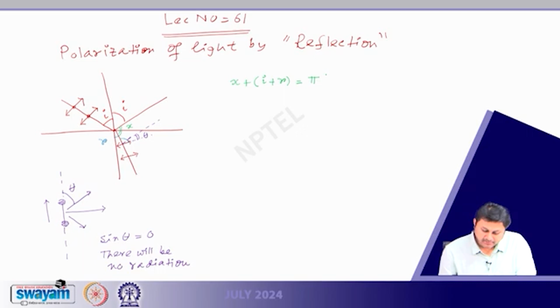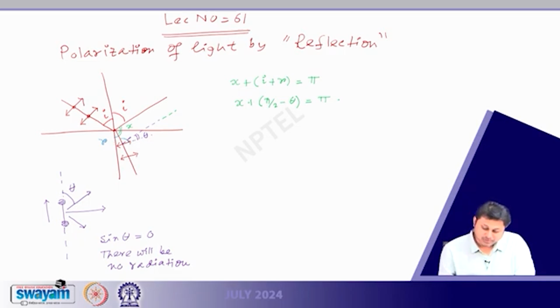And this angle x and this theta and 90 degrees: because this dotted line and this red line are parallel to each other, x plus this angle, which is pi by 2 minus theta, should be pi as well.